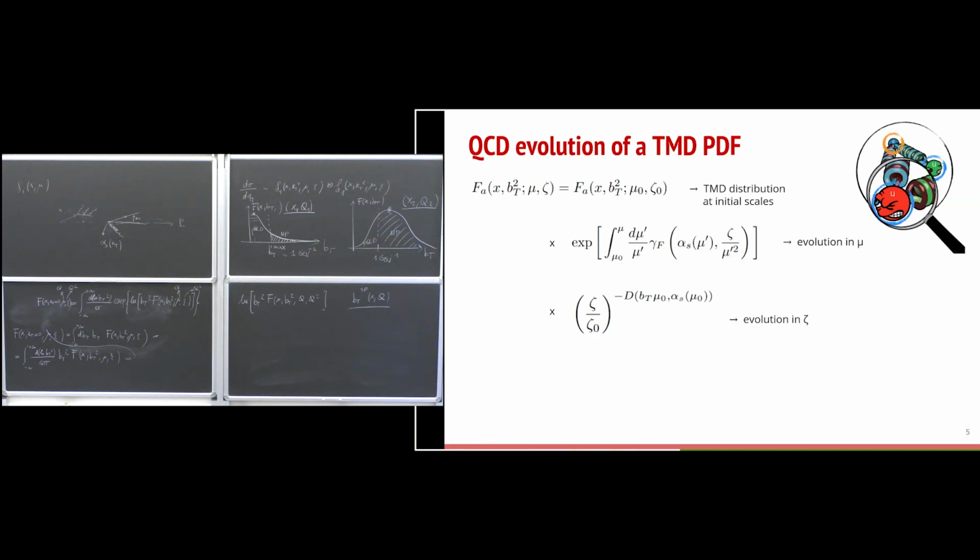It depends on the product of bT and mu0. But one could write the D as a function of bT and alpha s. You find actually different conventions.